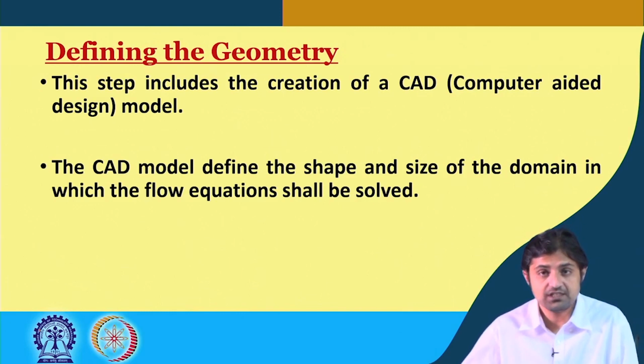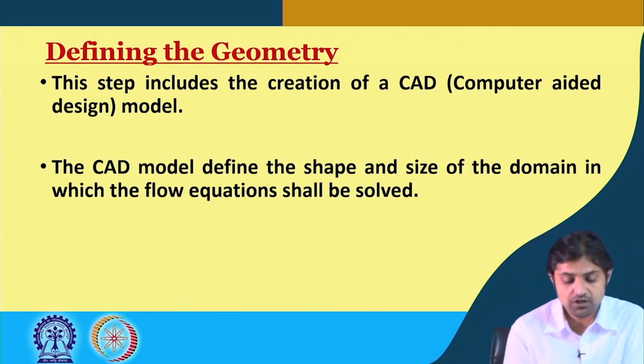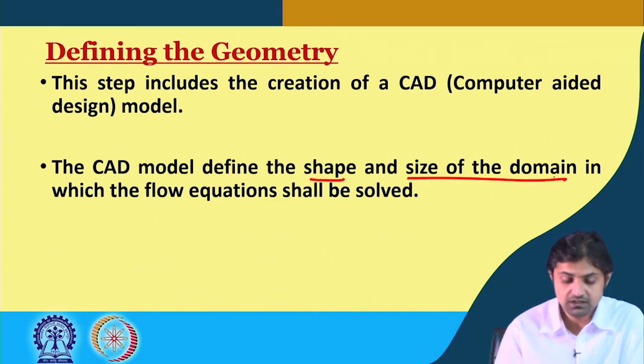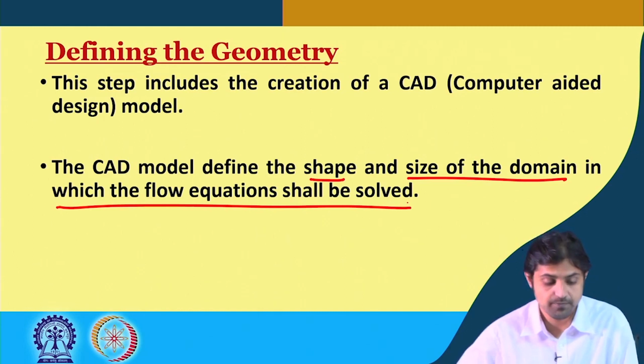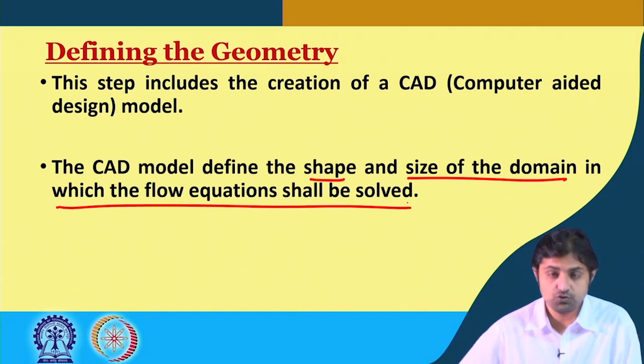So what does this CAD model do? The CAD model defines the shape and size of the domain in which the flow equations shall be solved. The CAD model defines the shape, say for example, as we said, it was rectangular in shape, right, and the size of the domain.